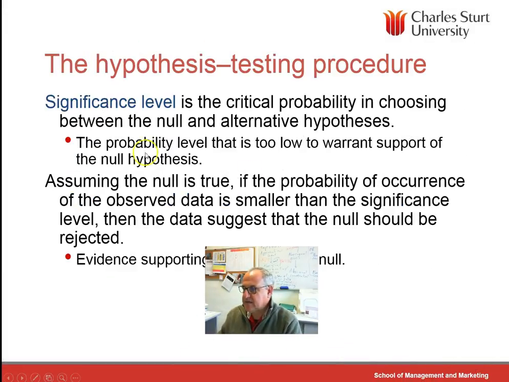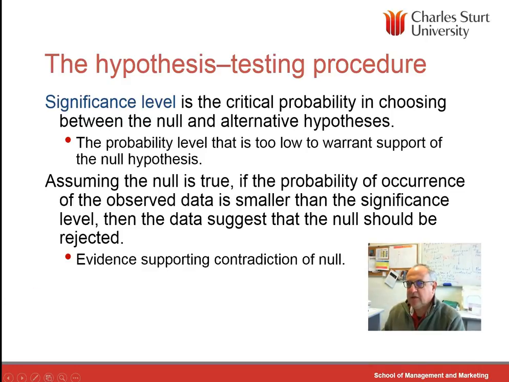Now, to test the difference, I'm just going to move myself around a bit here. To test the difference, you then have to look at how certain you want to be that the two things are actually significantly different. And so the rule of thumb that we use in social sciences is usually, but not always, 5%. So basically what we're saying is, with a 5% level, the probability this occurred by chance is very low, 5%.